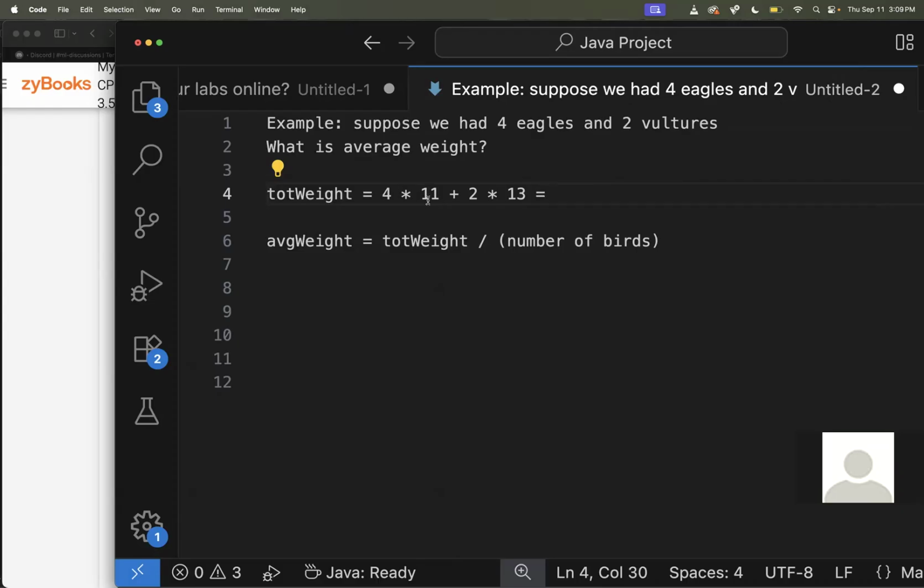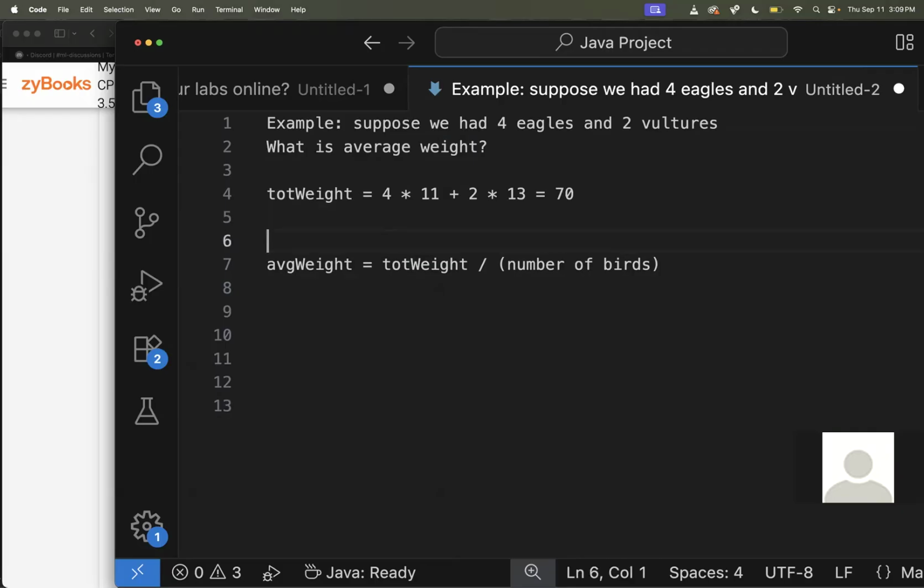So like 4 times 11 is 44. 2 times 13 is 26. So it'd be 44 plus 26, which might be 70, but my math could be wrong. And then that 70 would come in here, right? Sorry, the total weight would be 70.